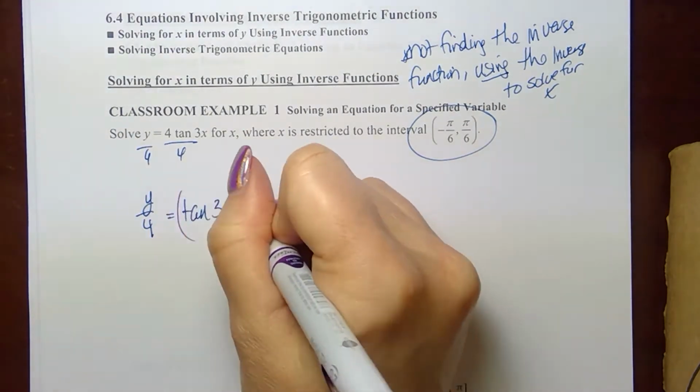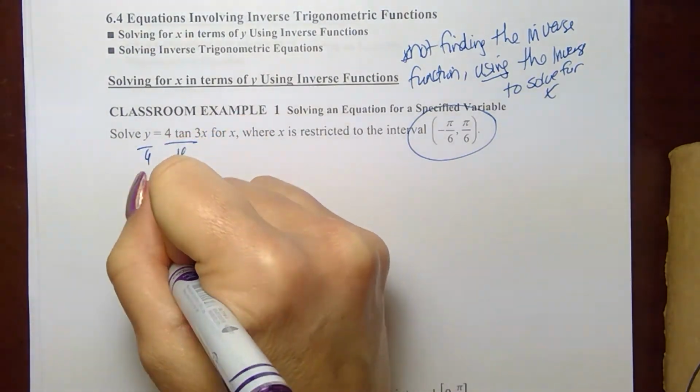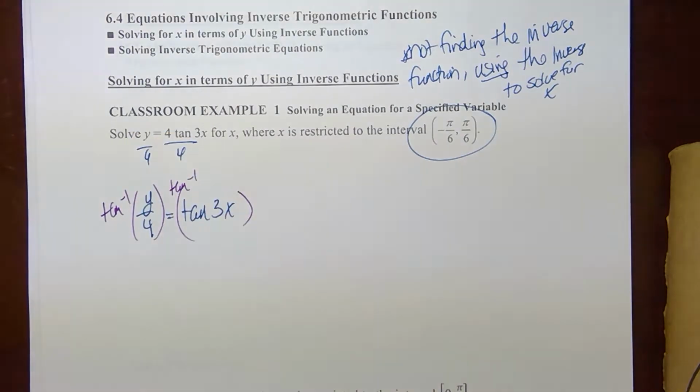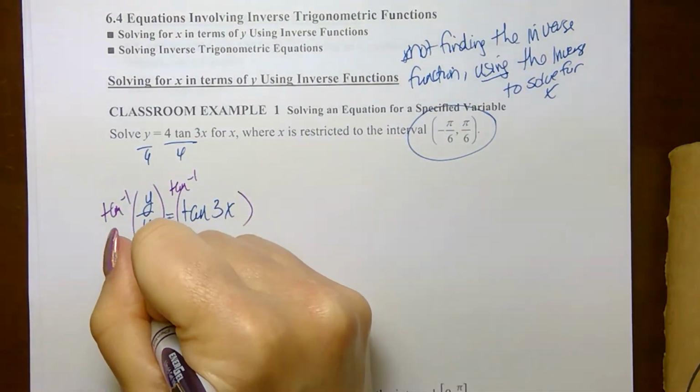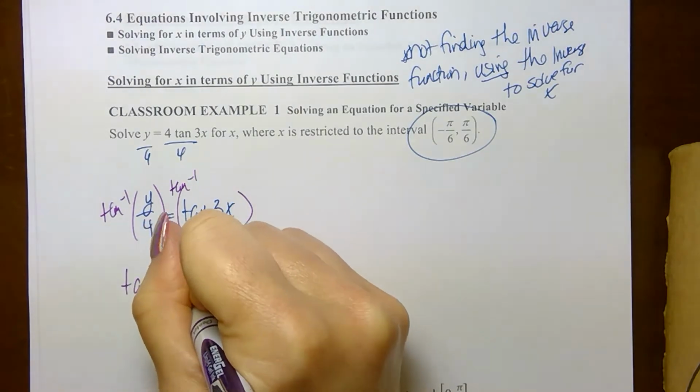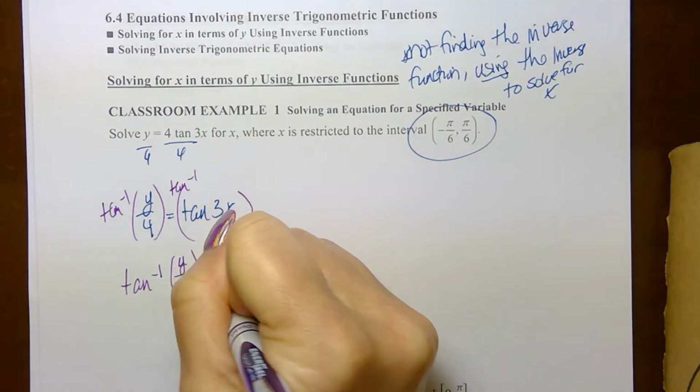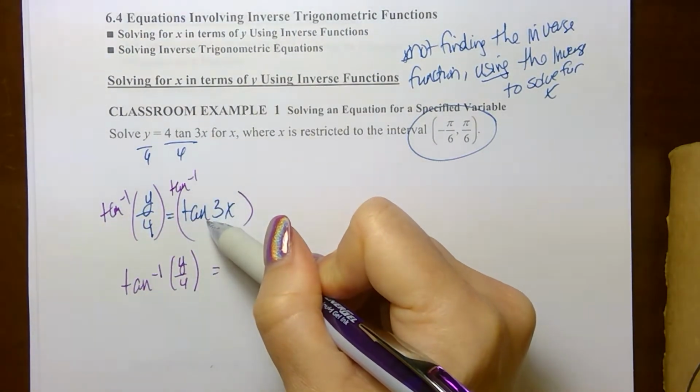Since we're in tangent, we're going to take tangent inverse of both sides. We do the same thing to both sides of our equation. That's a valid action. So I take the tangent inverse of both sides, which means on the left I have tangent inverse of y fourth, and on the right, tangent inverse of tangent.